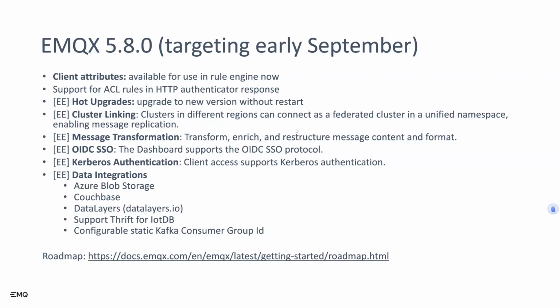Okay, thank you, Ivan. We see here some of the features are listed as EE, which is available in the Enterprise Edition, right? Yeah, I think in 5.8, we really tried to introduce a lot of useful things, especially these two features will be pretty important for our users: the support for OpenID Connect SSO, and also the Kerberos authentication.